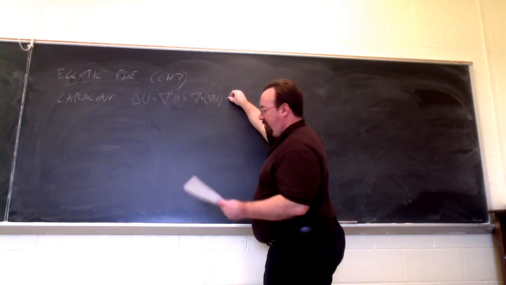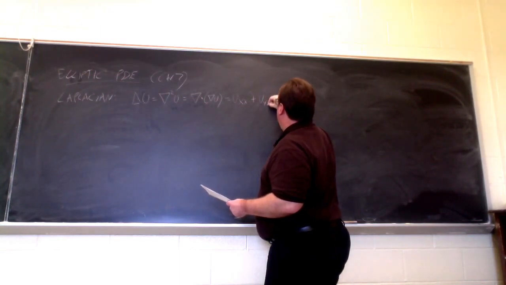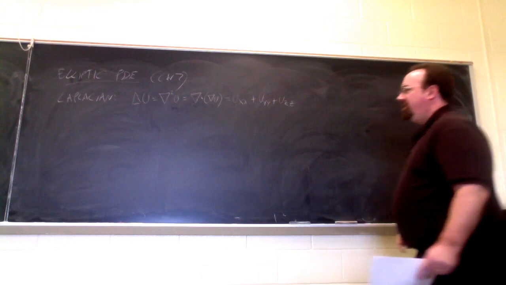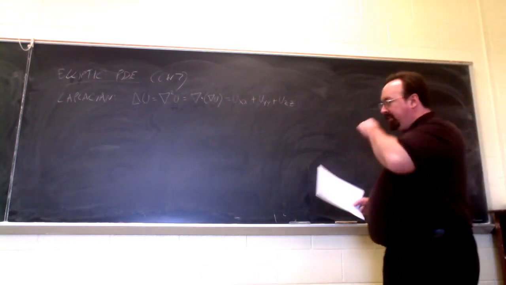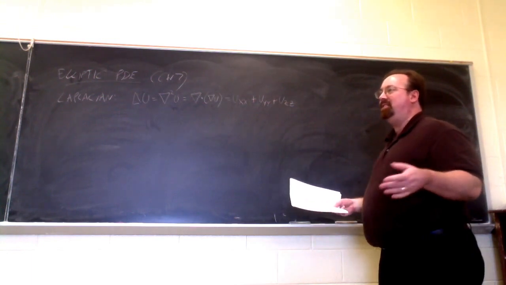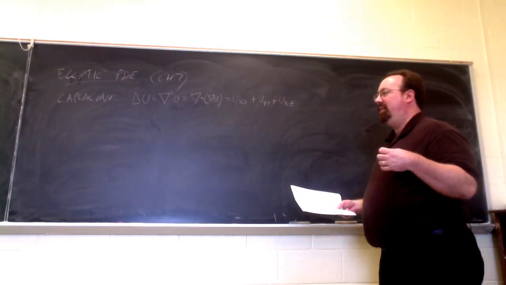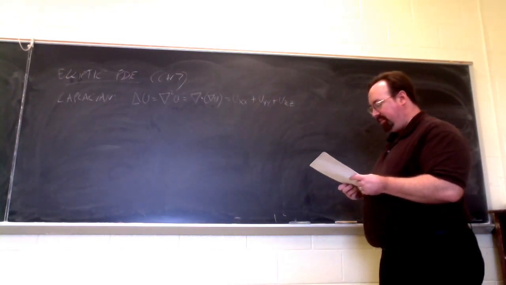That would be equal to uxx plus uyy plus uzz, or just uxx plus uyy if we're in 2 dimensions. This comes up in all the important PDEs, heat equation, wave equation, but we're going to focus on elliptic PDE that involve the Laplacian.